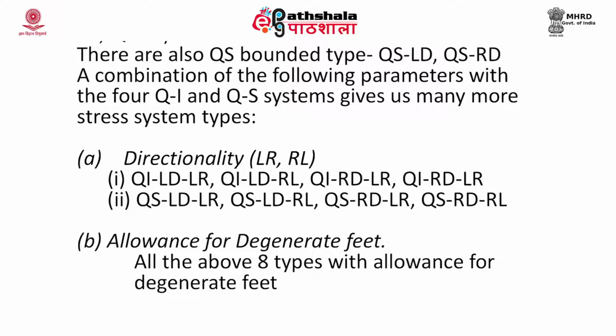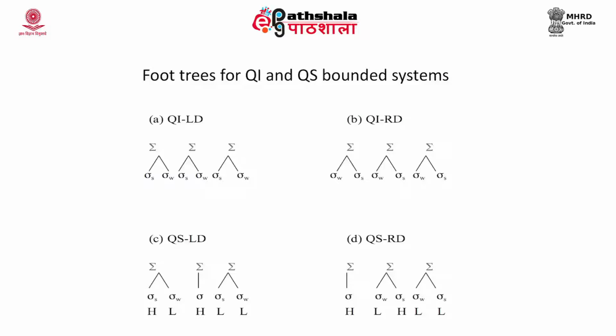For example, in A, depending on the two types of directionality, left to right and right to left, we get these 4 plus 4 types of stress systems. Quantity insensitive left dominant and left to right, quantity insensitive left dominant, right to left, etc., as you see on the screen.